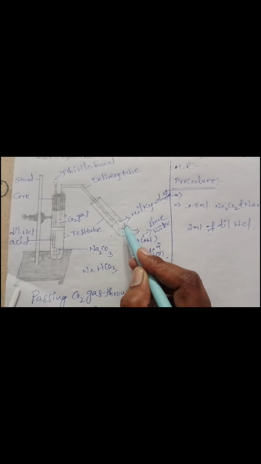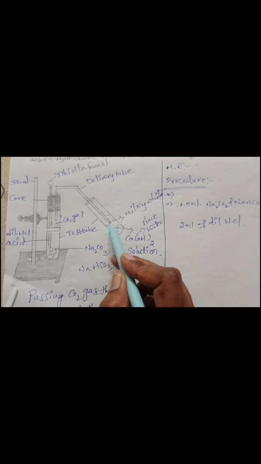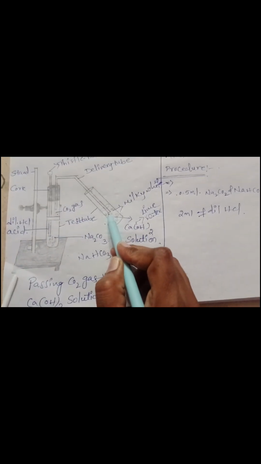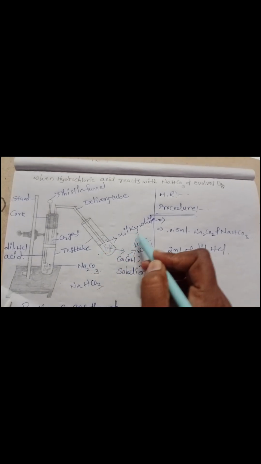So with the help of the color change of the calcium hydroxide or lime water, we know that carbon dioxide gas has been passed. When the lime water turns milky white, we observe the reactions.